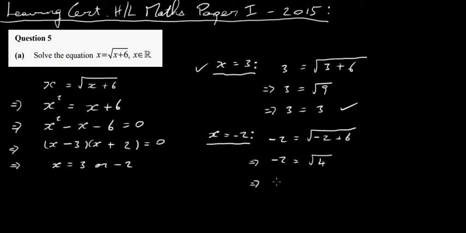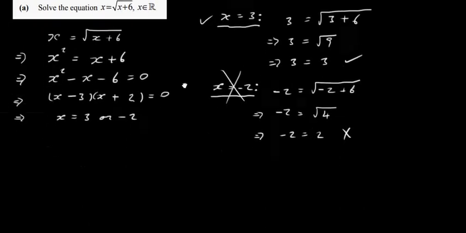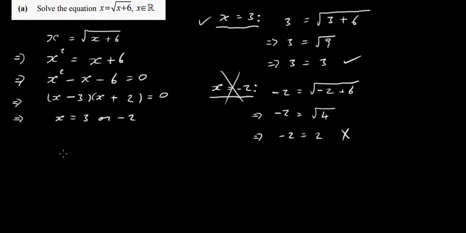So here we end up with minus 2 is equal to plus 2. This doesn't work, so we don't accept this as our answer. So the answer to part A then is just going to be x is equal to 3. Okay, so that's part A done.